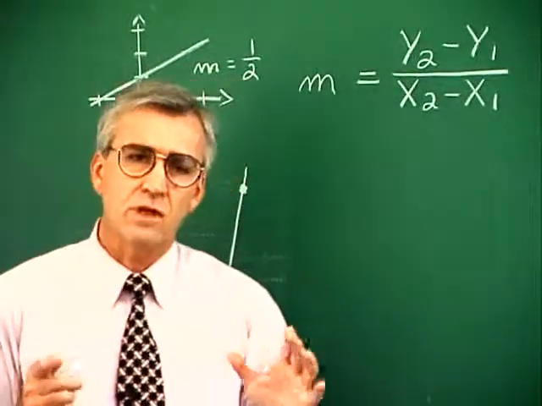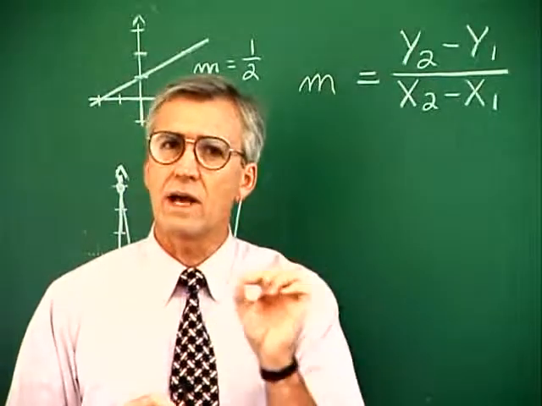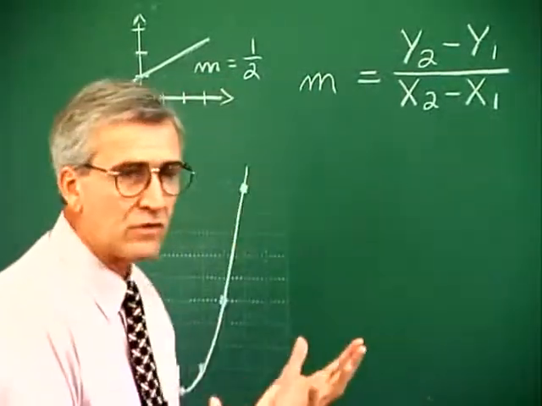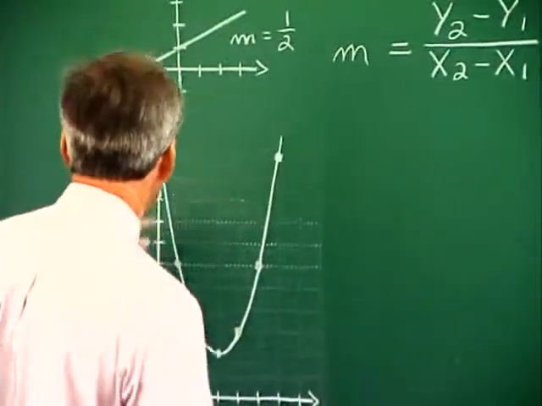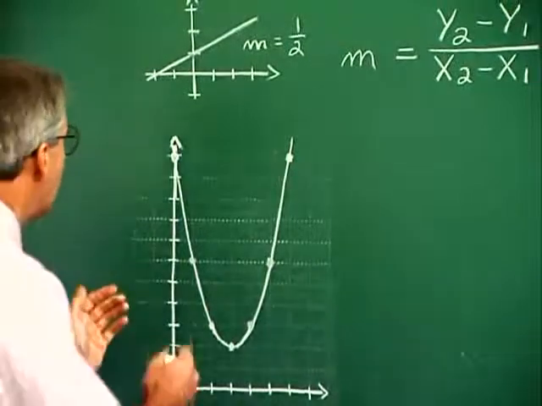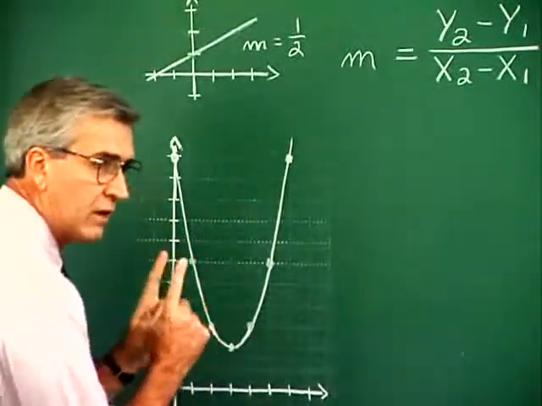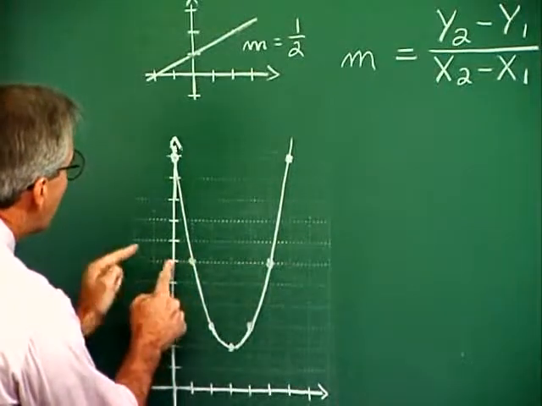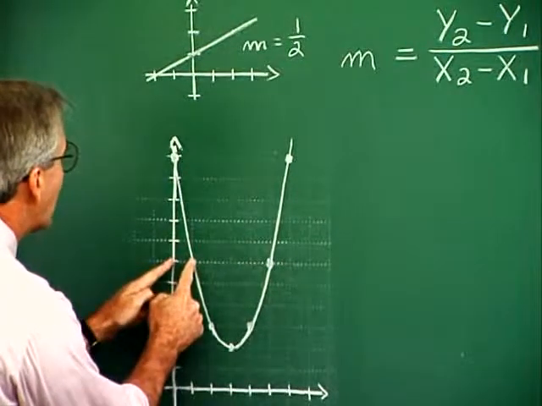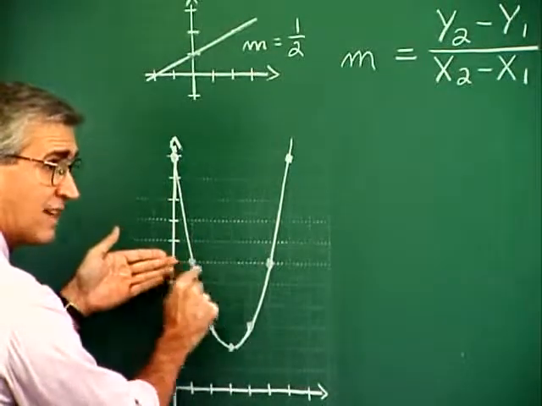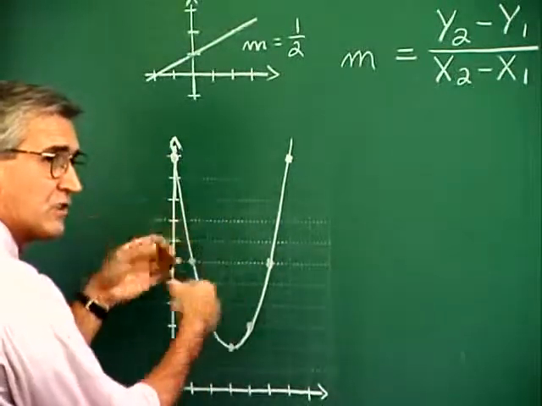Well, when it comes to curved graphs, the rate of change idea changes a little bit. And in fact, it changes from one part of the graph to another. For example, if we're thinking about the rate of change along this curve, then just think in terms of intervals for a moment. If we're thinking of an interval of 1 unit, then from this point to that point, just this horizontal interval, this run of 1, what's the rise associated with this?